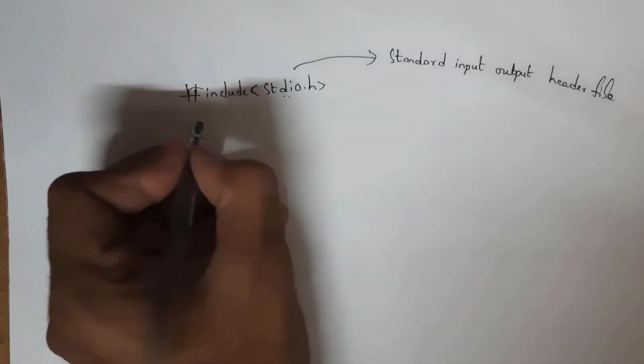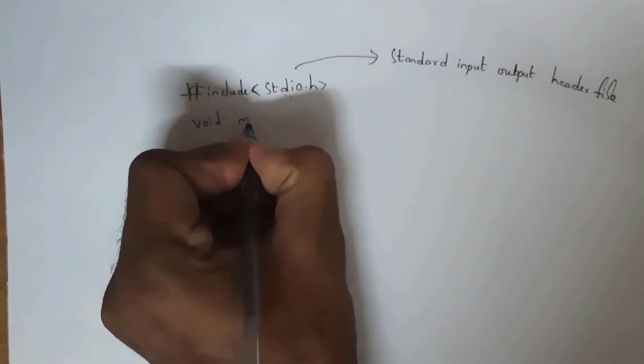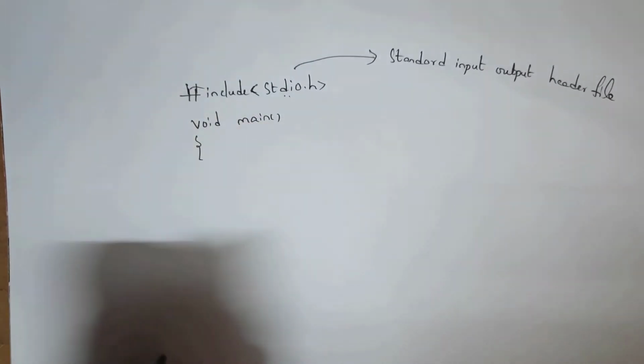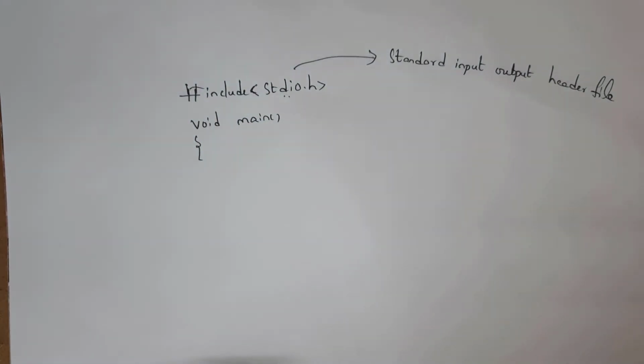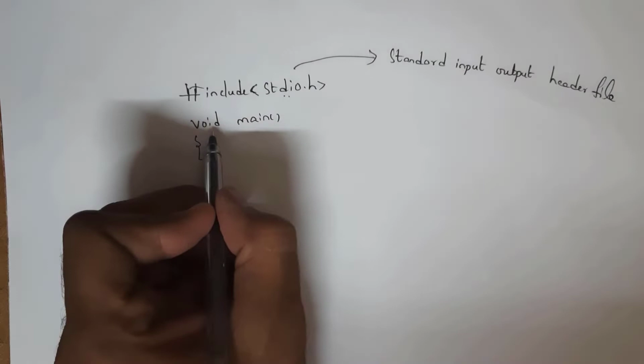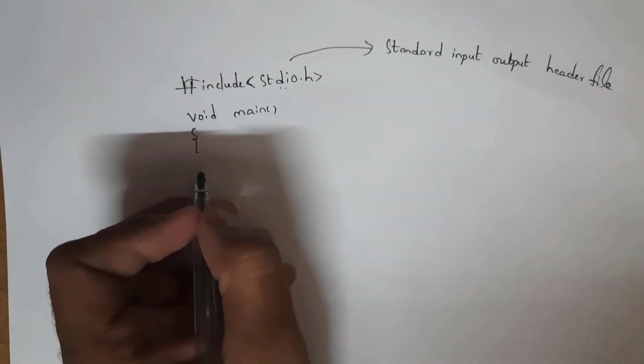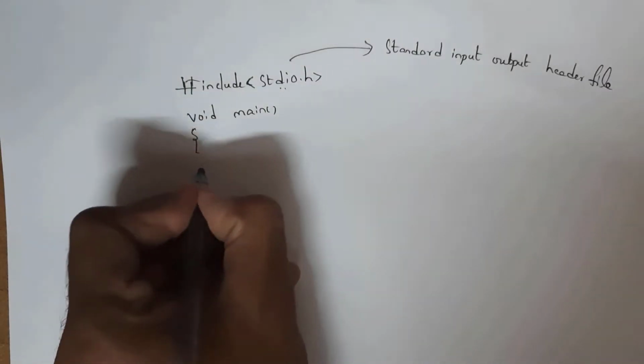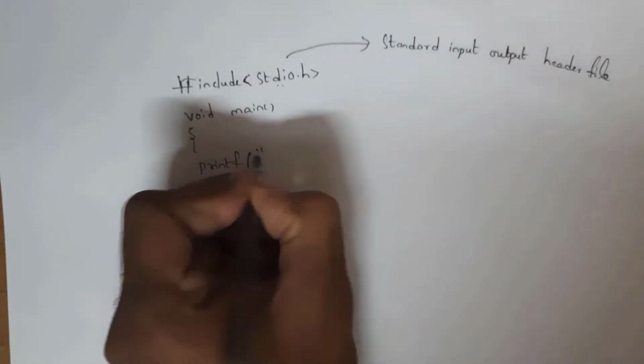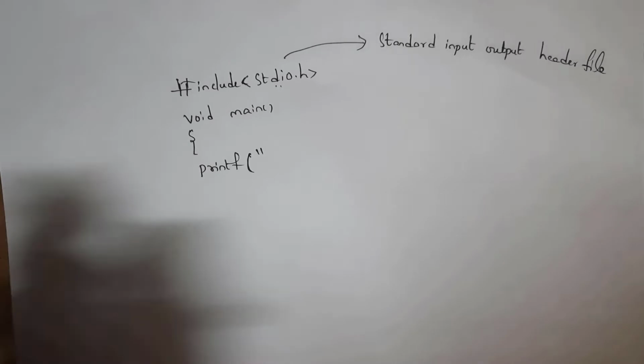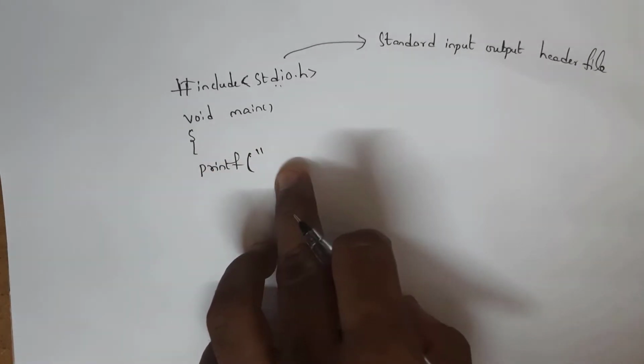After that you need to write void main. We call it as main function. Whatever the code that you write inside this main function, this code will be executed. So write here void main, open curly bracket, and inside this you need to write printf, where printf stands for print function, open bracket, open double quotations. Whatever the text that you write inside this double quotations, it will be displayed on my output screen.